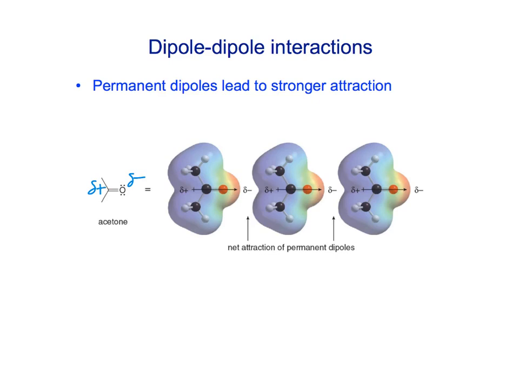And so the delta minus of the oxygen here orients to the delta plus on the carbon here, and so there's an attractive force between those two partial charges. And so as you see, these acetone molecules will essentially line up. Delta minus goes to delta plus, goes to delta minus, goes to delta plus.